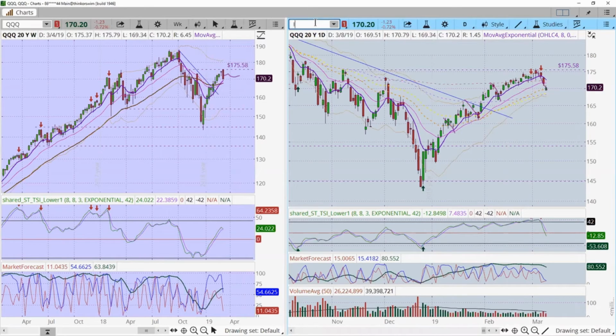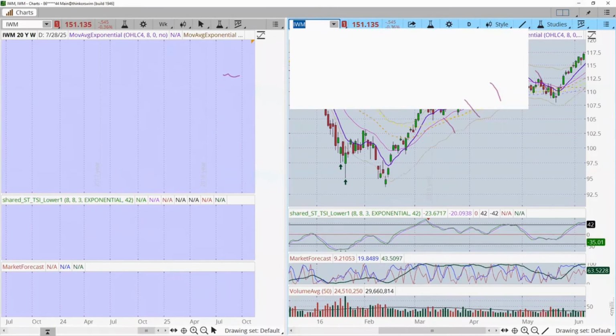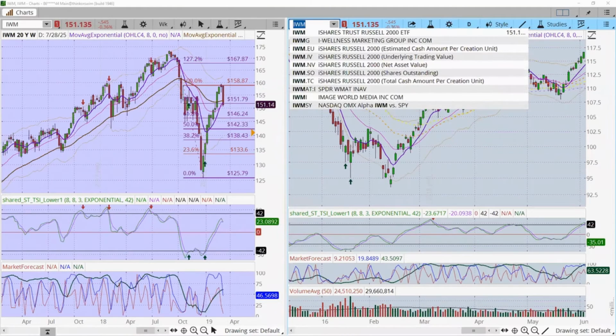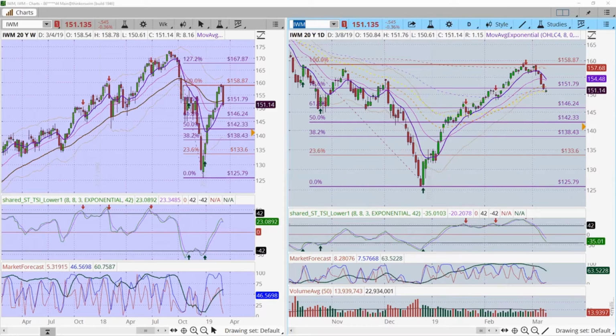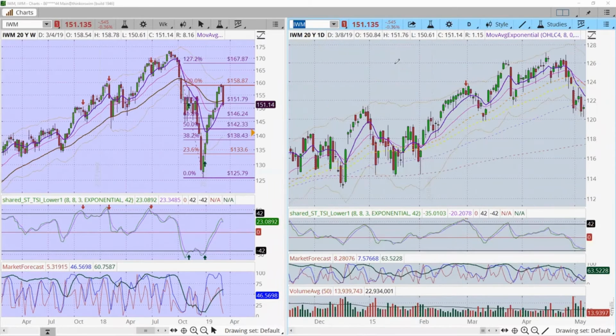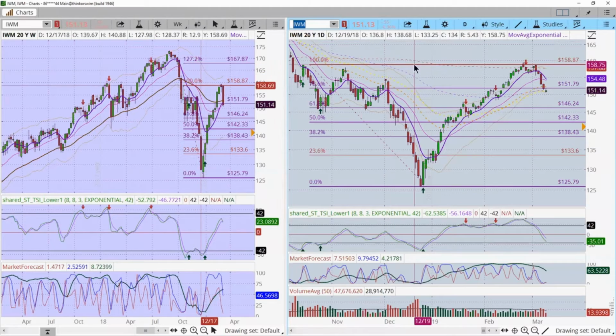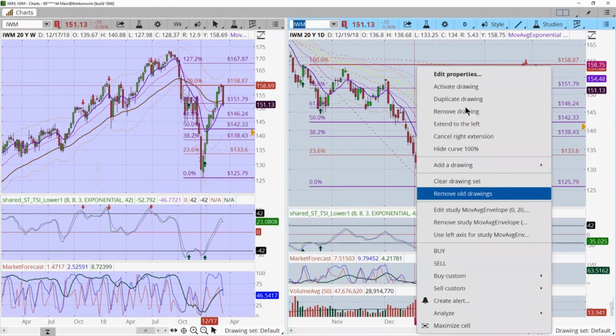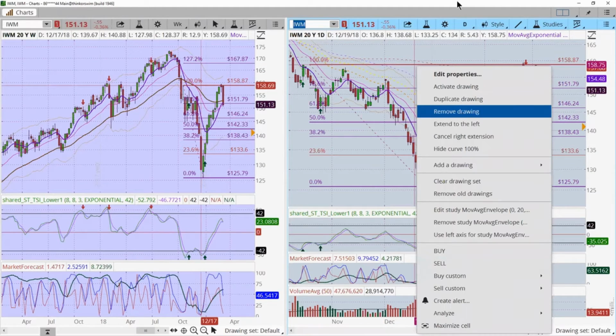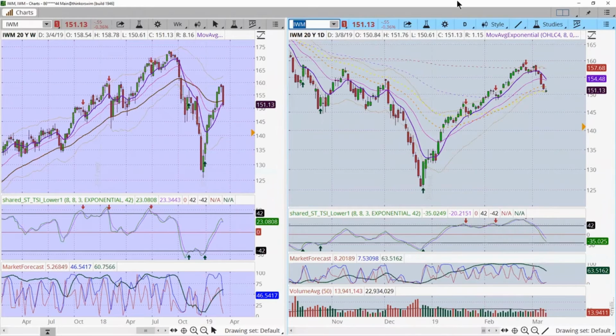Well, throwing in IWM. And get rid of the fib. Some people don't like fibs, so I will remove the fib so I don't unnecessarily offend anybody.